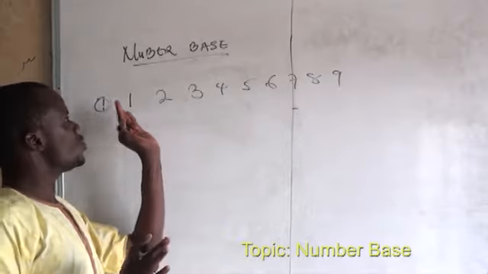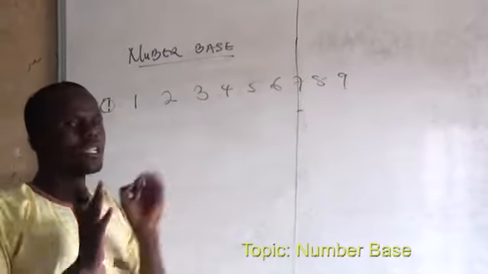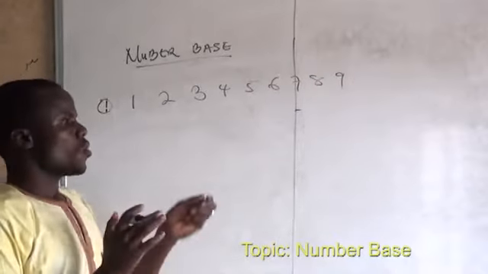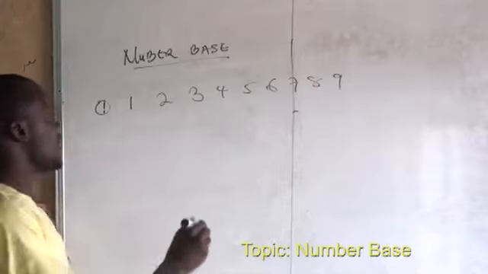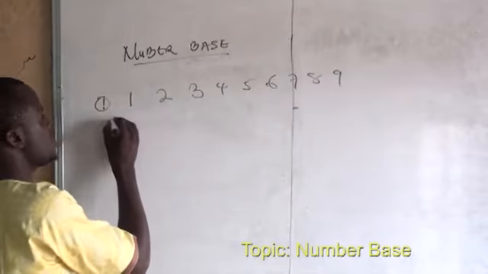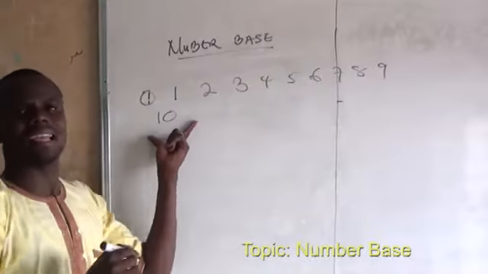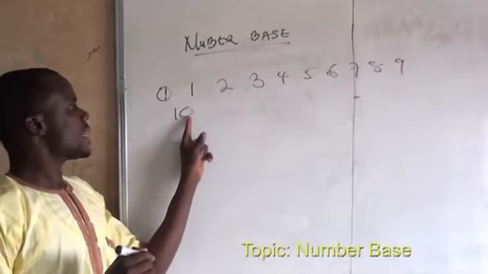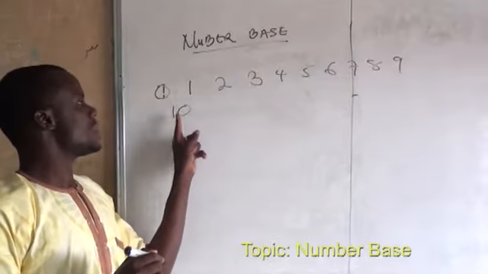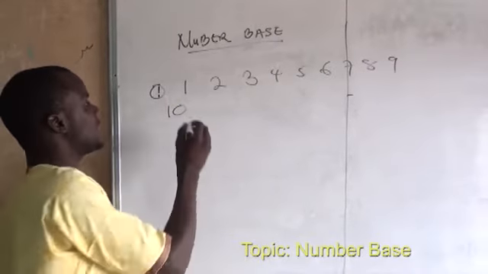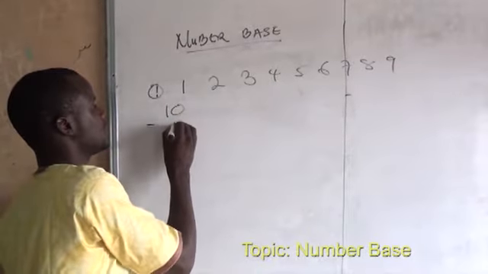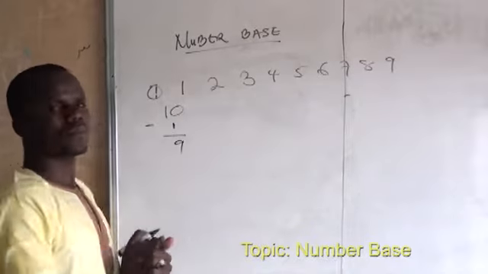And why do we say 10 is not a digit? If you take 1 and 0, that gives you 10. So 10 minus 1 gives us 9.